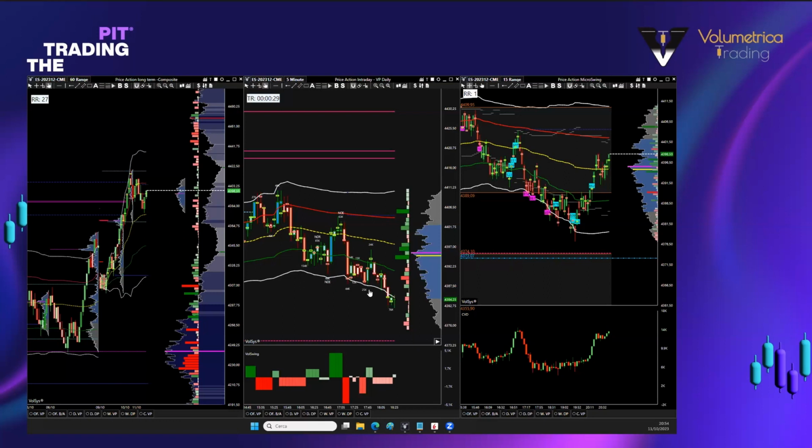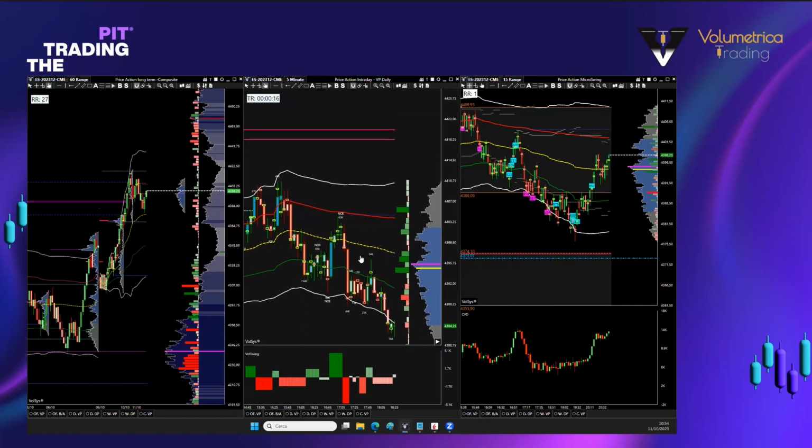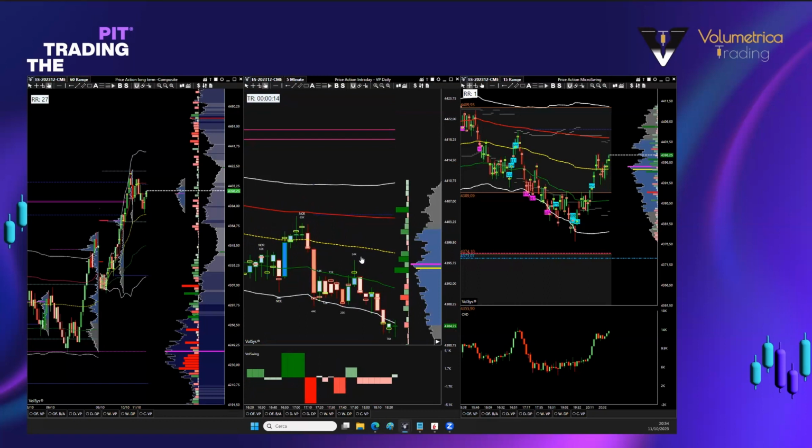Something else, further information based on that, comes from the bar POCs. Bar POCs are the points of control referring to the single bar.